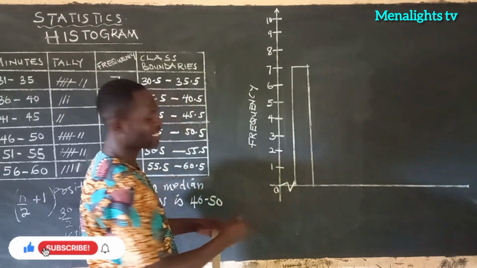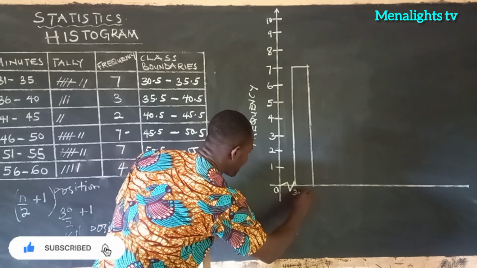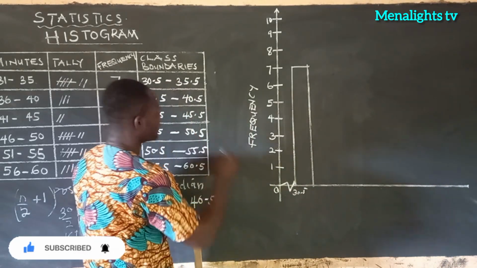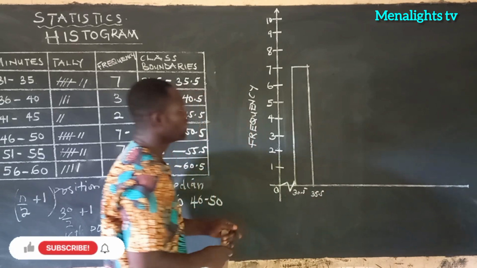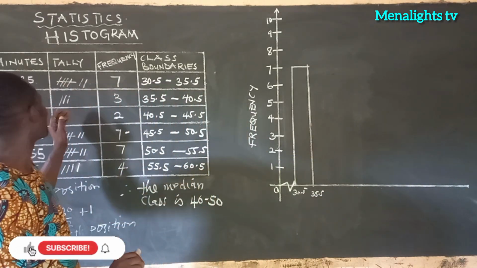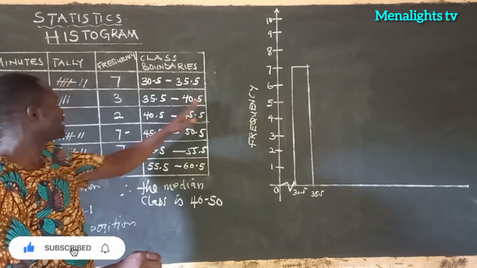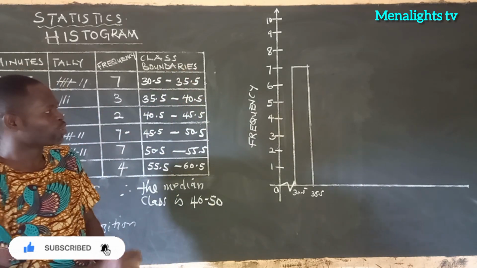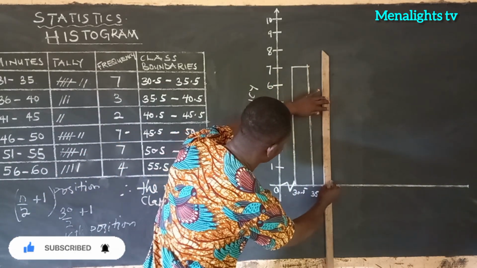So the lower class limit, that is the 30.5 here, and the upper is 35.5. Then the second one, we come to the class boundary 35.5 to 40.5, which has a frequency of 3. So because of that, we draw up to where we have our 3.